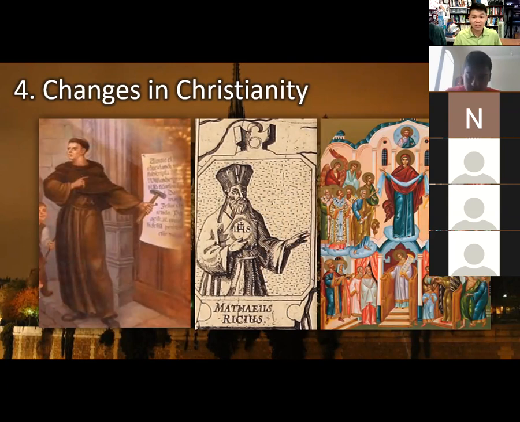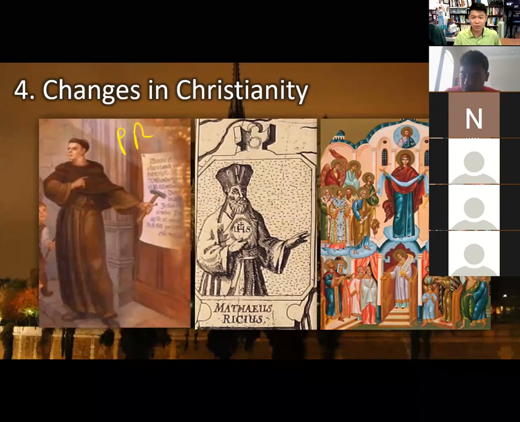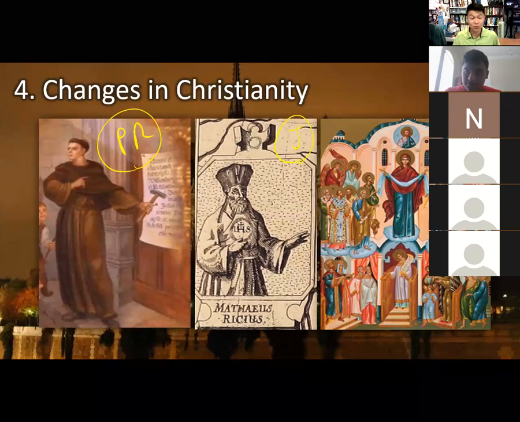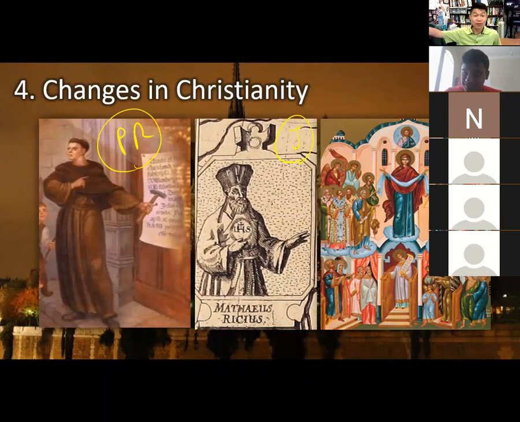Ranging from the Protestant Reformation, that's one of the big ones, but then also the creation of new religious societies in the Catholic Church, like the Jesuits, who are going to be out there in the forefront of not just missionary work, but also of exploration. And the growth of Eastern Orthodoxy in Russia. So all of those are dramatic changes in Christianity.